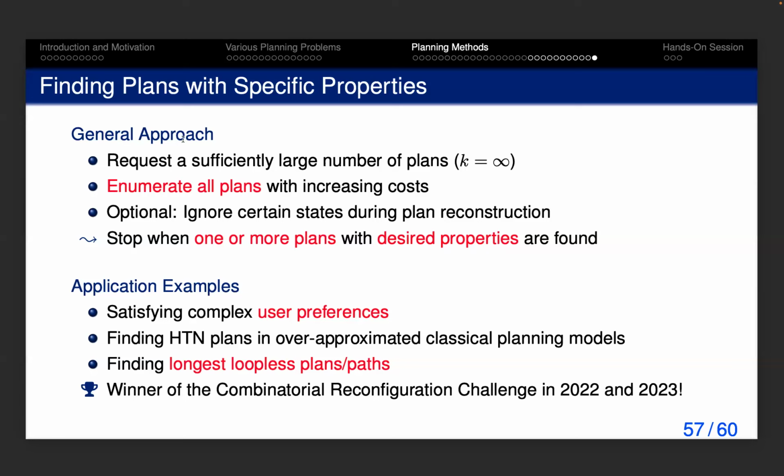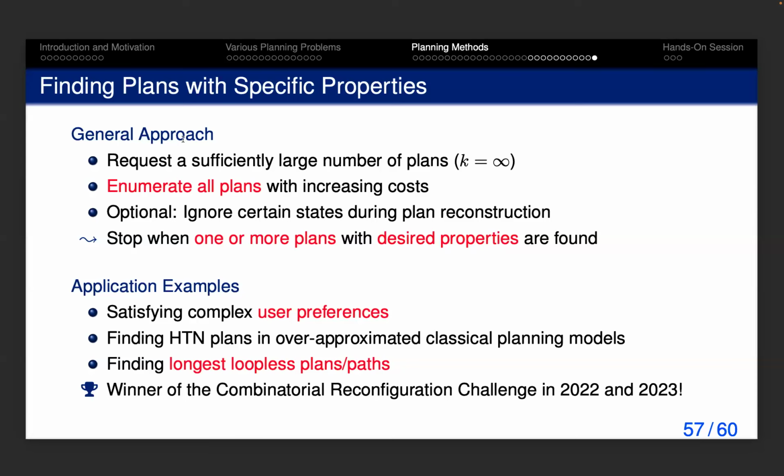Actually, what we did is we just did a plan reconstruction when we found a new goal state with a new cost, a higher cost. And we reconstructed one of those which are loopless, and then we continued that. So we produced longer and longer plans. And actually we won the challenge, not only in this track, but in the longest loopless plan track, we won it twice, and I think with a big margin. So yeah, I think really there are a lot of things you can do with finding multiple plans, and adapt it to be even more efficient to only generate plans you really desire.